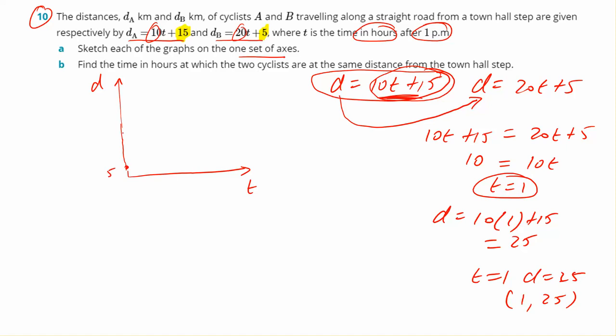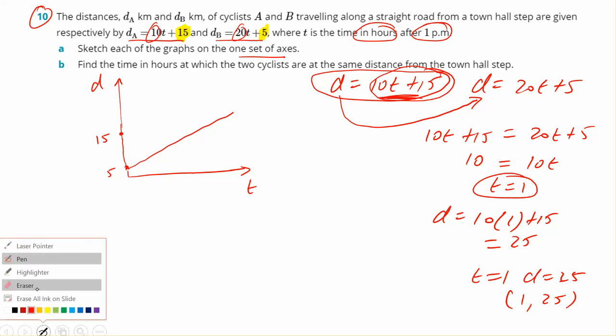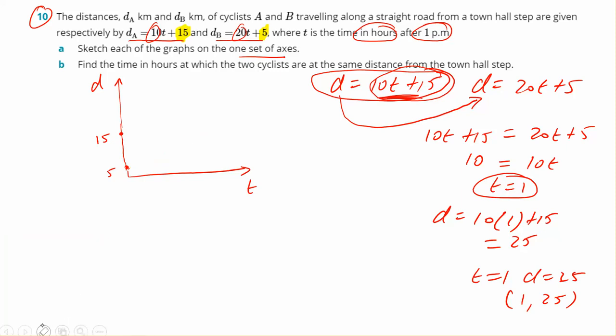So that's 5, that's 15. And that's going to increase at a steady rate, a faster rate, and increase at quite a fast rate. And this is increasing at a slower rate. So here would be (1, 25) like that.